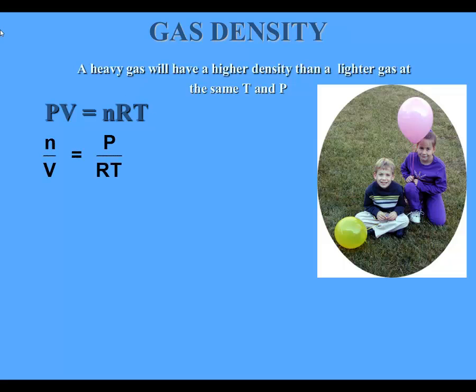Now, since I don't actually have a mass in the ideal gas law equation, I'm going to use moles. So I isolated the moles here by dividing both sides by my gas law constant, my temperature, and I divided both sides by my volume. So I end up with moles over my volume is equal to my pressure over my gas law constant times my temperature. Now I'm not quite there because this isn't mass yet.